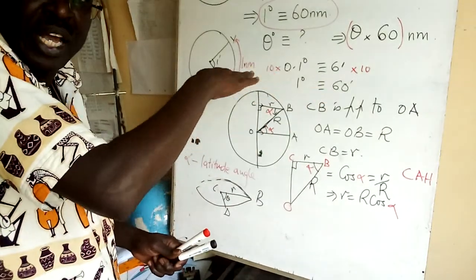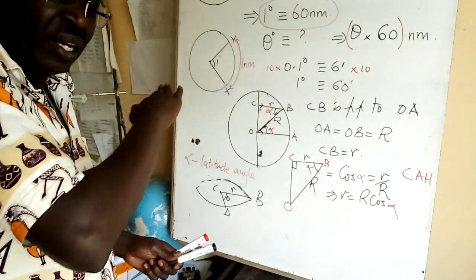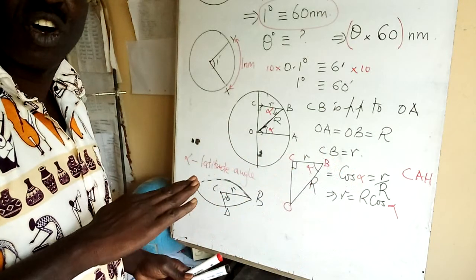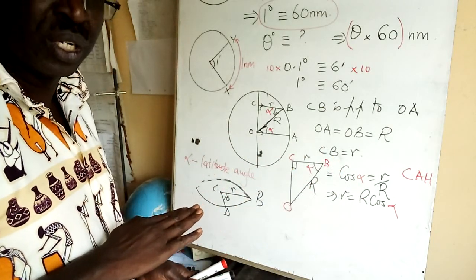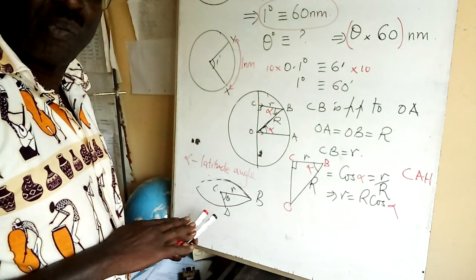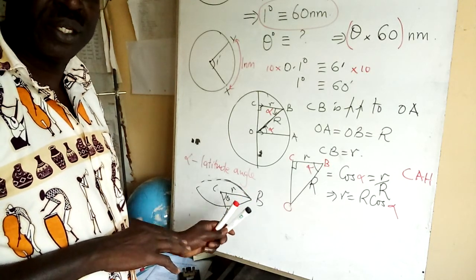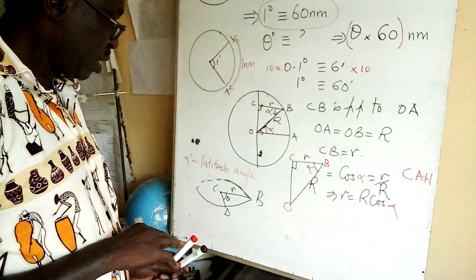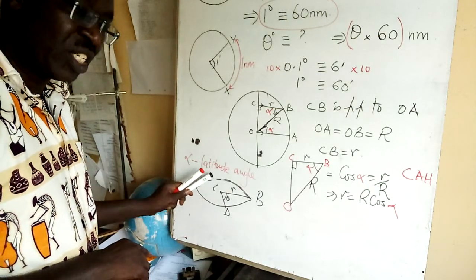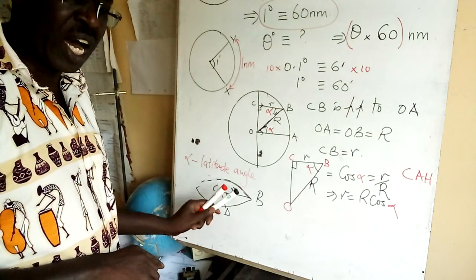On the plane, on the surface of the latitude, I have letter D. Somebody moved from point D to point B. And the radius of this latitude is small r.